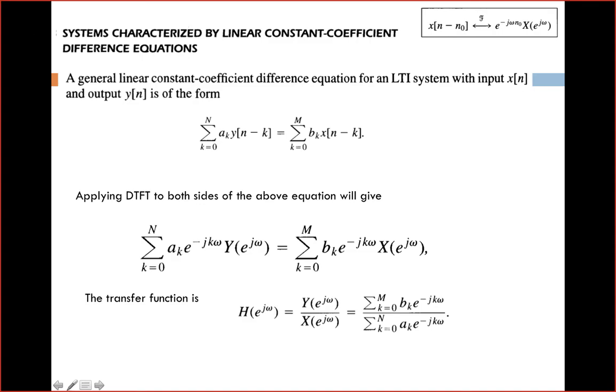Now I am just reading the definition of difference equation. System characterized by linear constant coefficient difference equation.